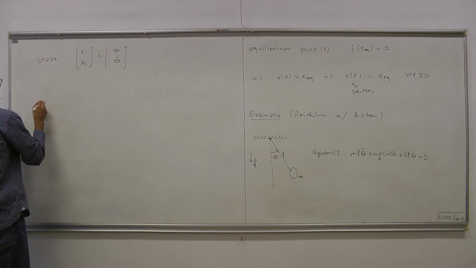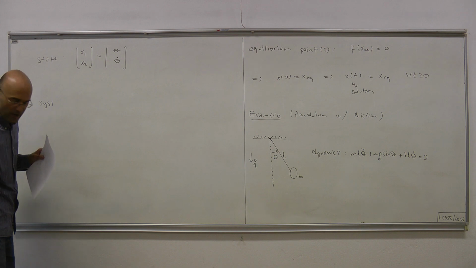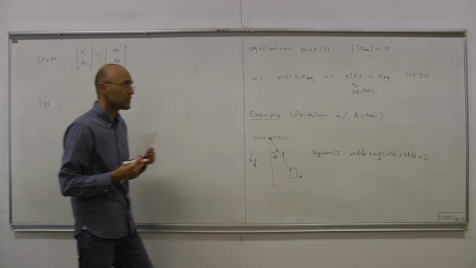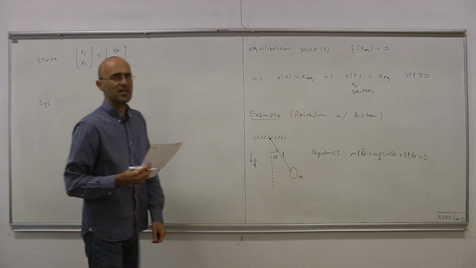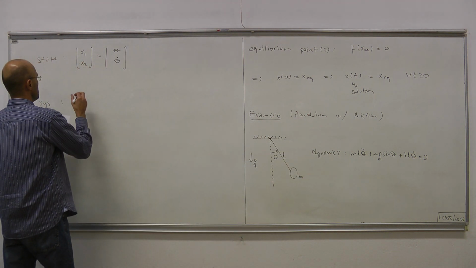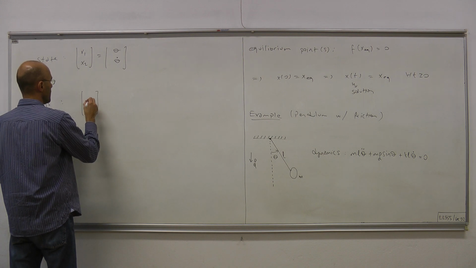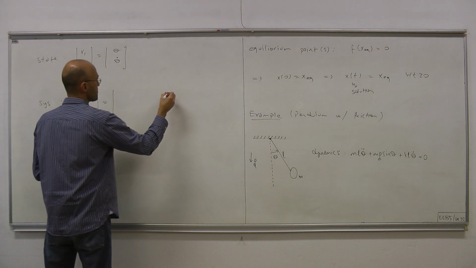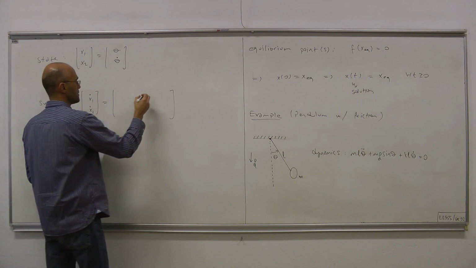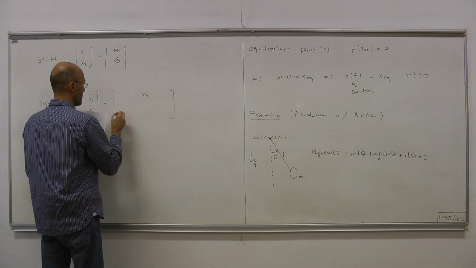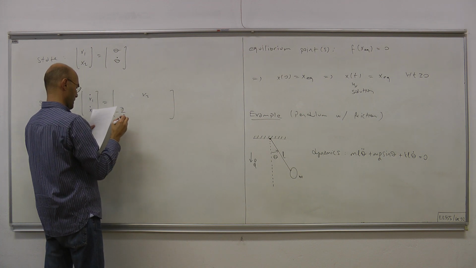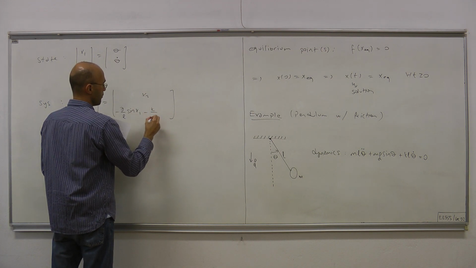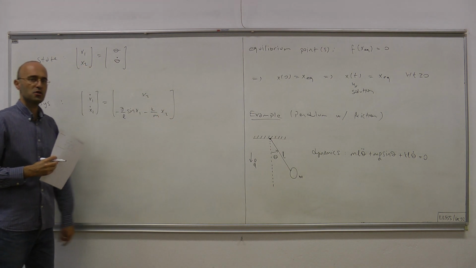We have been able to re-express the dynamics in x dot equals f of x form. Namely, we have x1 dot, x2 dot equals x2, and minus g over l sine x1 minus k over m x2.